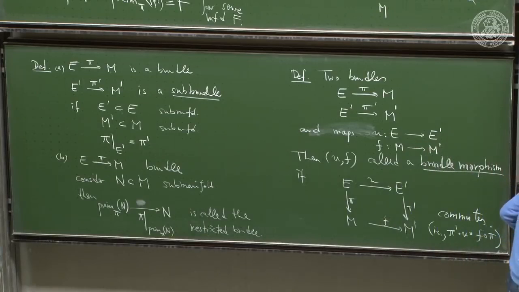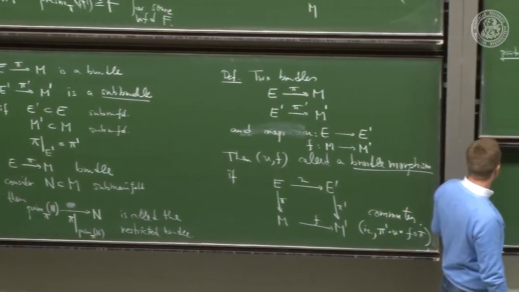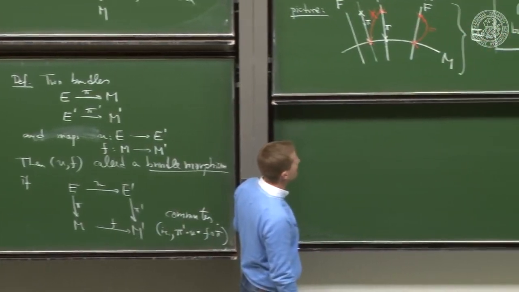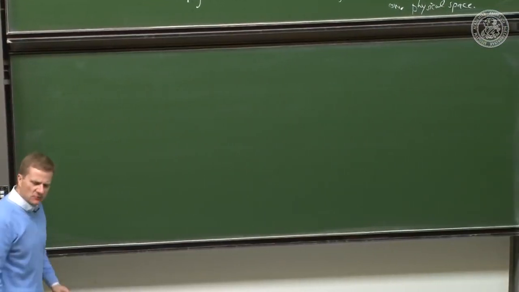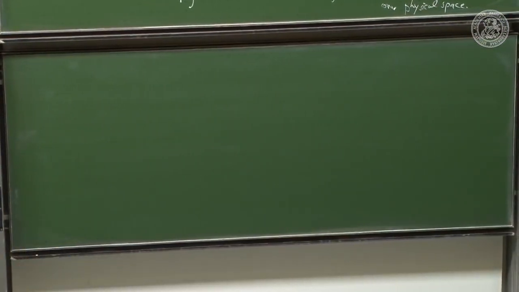Now, is this already structure preserving? Well, what's the structure of a bundle? Well, the structure of a bundle, you have the base space, and you have this projection map, and if you preserve the fibers, if you have two bundles whose fiber structure is the same, then these bundles are isomorphic.